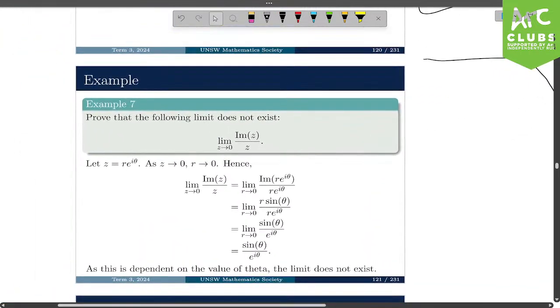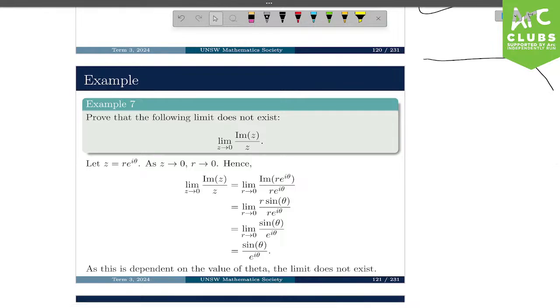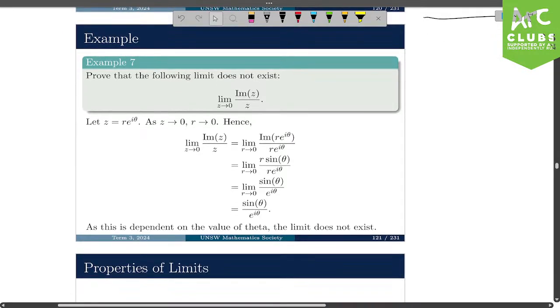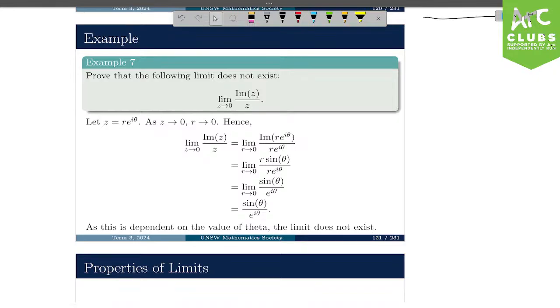Let's prove that the limit of the imaginary component of z over z as z goes to 0 does not exist. Well, easiest way to do this is to convert it into our polar forms, and that way we can just let r go to 0, okay? And ideally, our result will be independent of theta, our angle, right?